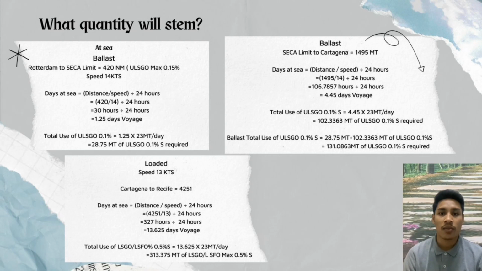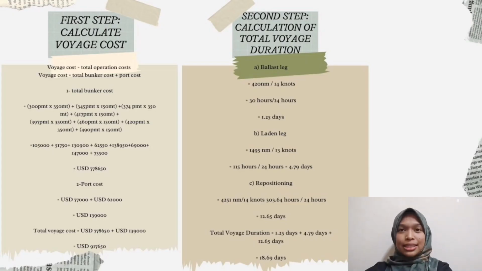Next, this section explains how to calculate the daily net profit for the voyage. First step, calculate voyage cost. Voyage cost equals total bunker cost plus port cost.